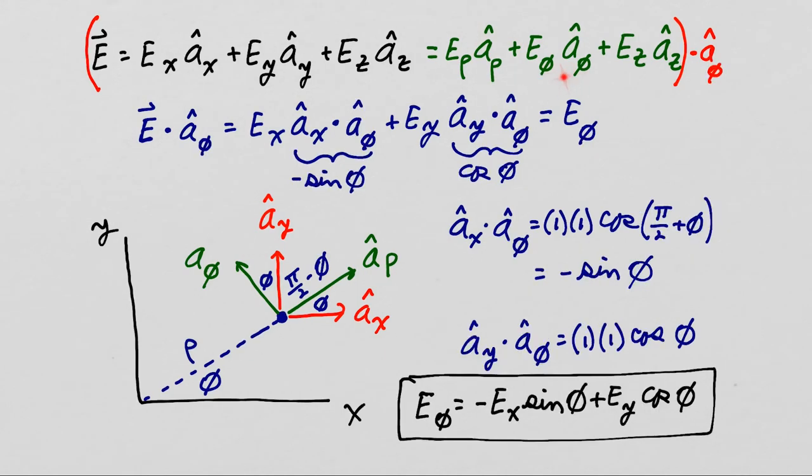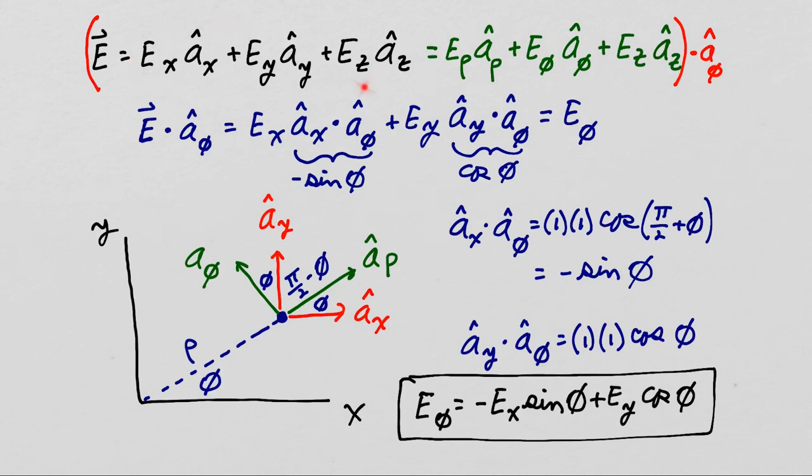To find the component in the phi direction, we take our electric field intensity vector and dot it with a sub phi. Dotting this form of our electric field intensity with a sub phi will just leave us with the phi component, because a rho dot a phi is 0, az dot a phi is 0, and a phi dot a phi is 1.